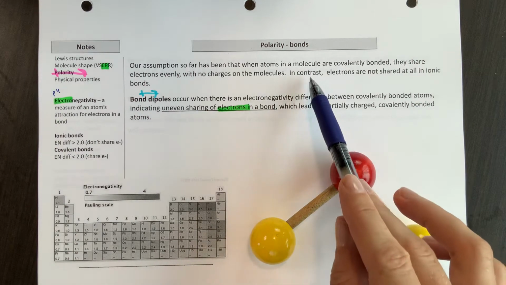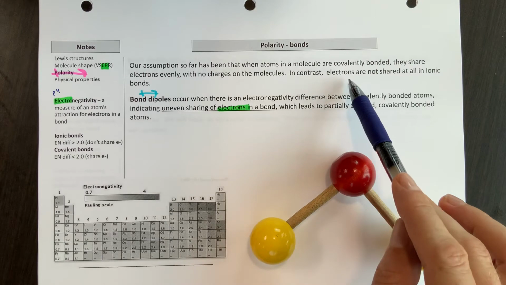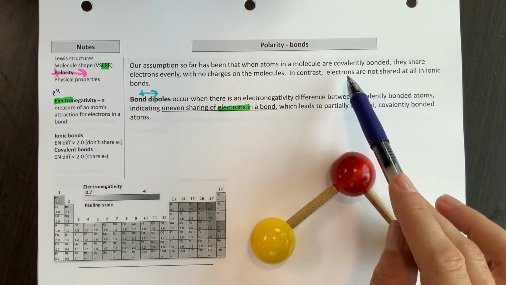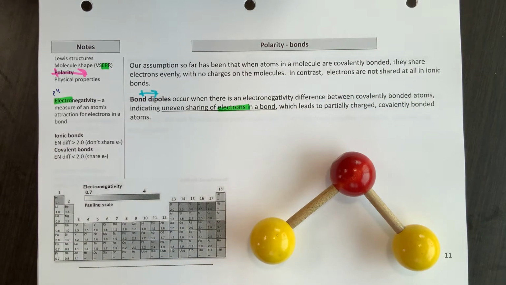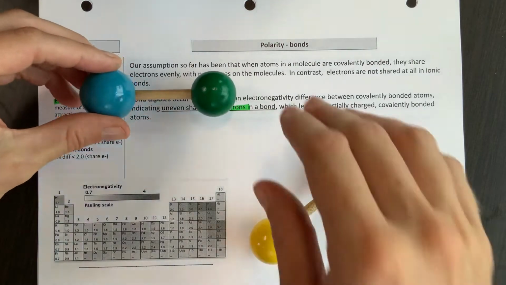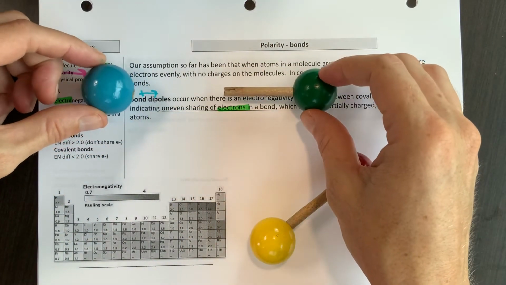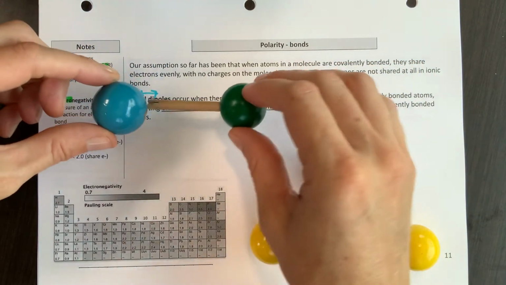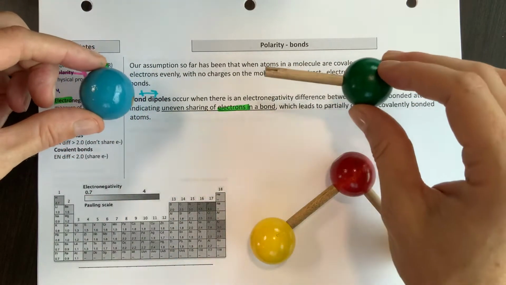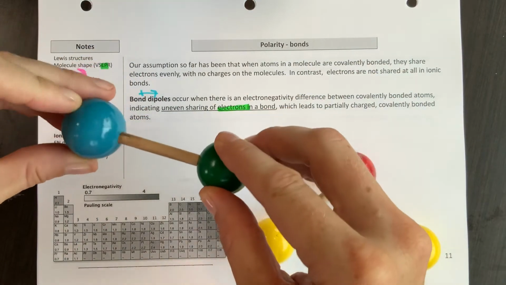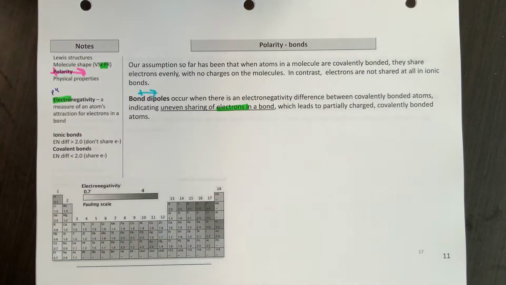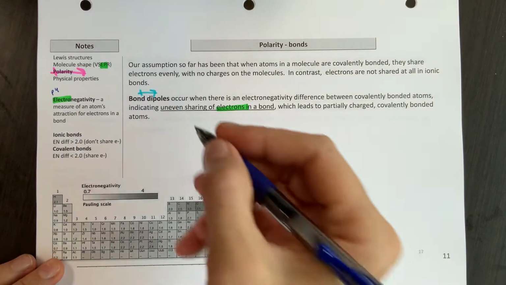In contrast, at the beginning of the chapter, we talked about an ionic compound where electrons are not shared at all. Let me pretend that this is an ionic compound. The chlorine takes all the electrons and the sodium gives its one away. So we don't share; we actually have a negative charge and a positive charge. Let's put those two extremes down, because that's a good starting point.